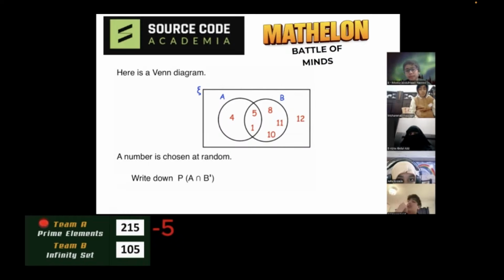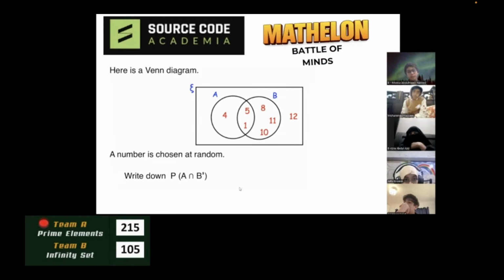No, that's the incorrect answer, unfortunately. In A intersection B prime there is only one number, that is 4. So it would be 1 over 7 is the correct answer. So the probability of A intersection B prime is 1 over 7. We have to deduct 10 marks from Umar's team A.